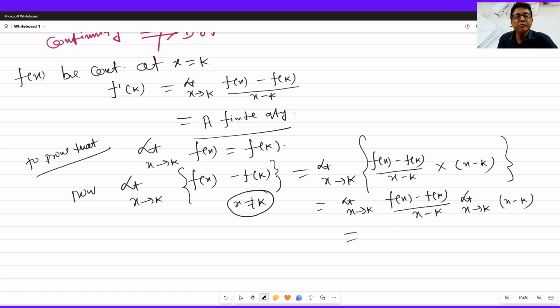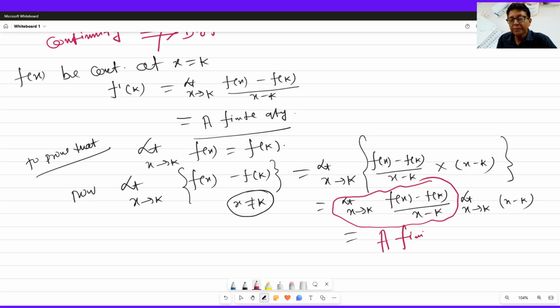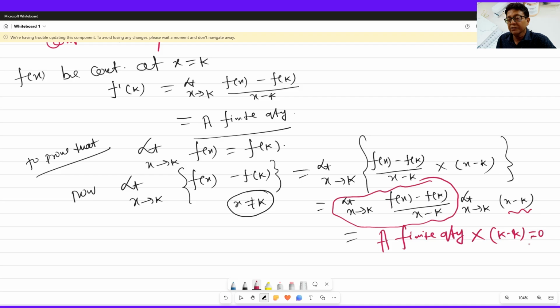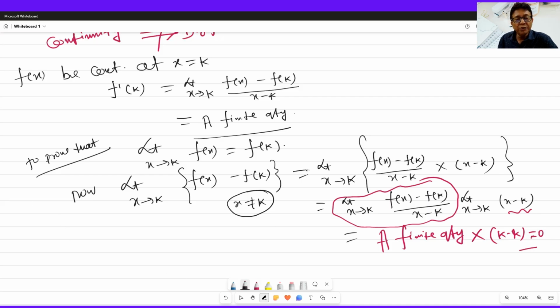This one is a finite quantity we have assumed there. A finite quantity multiplied by limit x tending to k of x minus k will be what? k minus k, which is equal to 0. So this part is 0. So which part have we got 0?